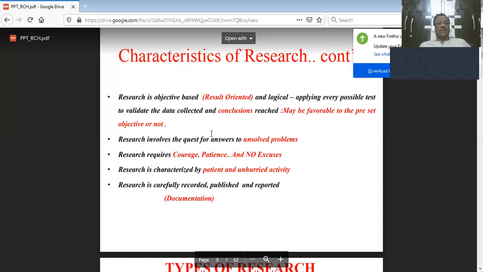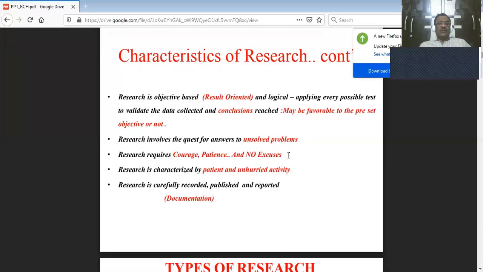Next, research requires courage, patience, and no excuses. If you want to be a researcher, first put your excuses into your dustbin, and then start conducting research. You cannot go on having excuses all the time, because research requires courage and patience. Research teaches you to be patient, to be calm, to be a more balanced individual.